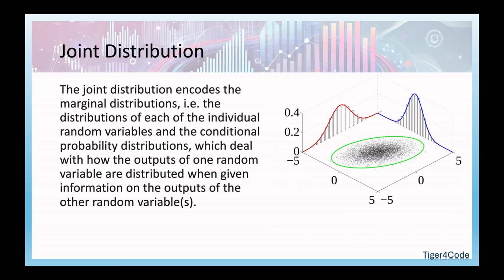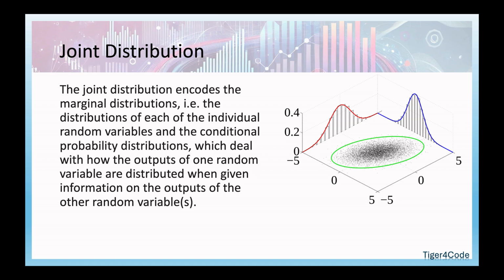The last distribution on our list today is the joint distribution. In simple terms, it describes the probability of 2 or more random variables occurring simultaneously, showing how they relate to each other and how the output of one random variable is distributed given the information on the outputs of the other random variables.